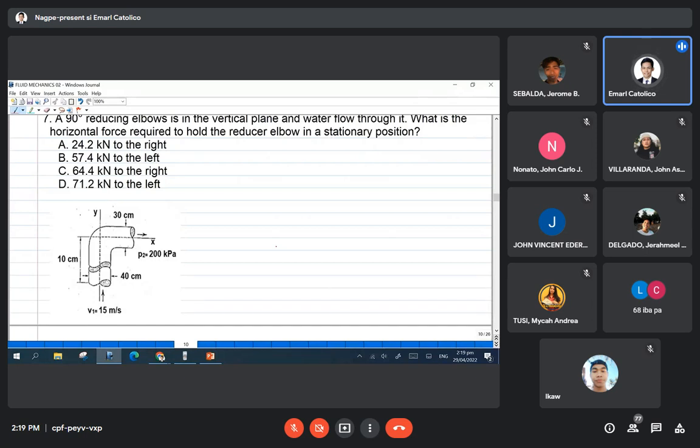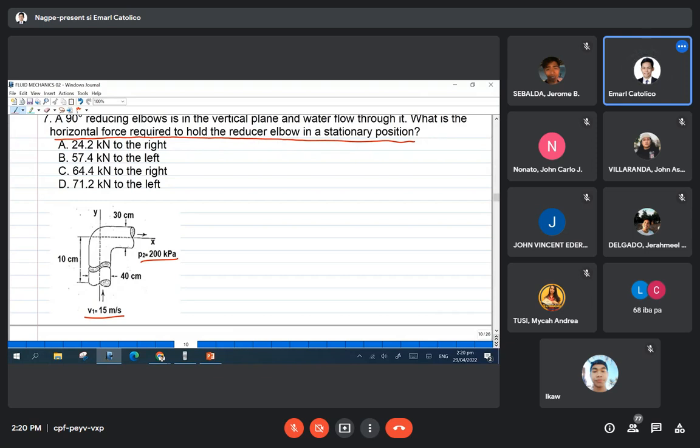Sa exit, meron tayong 30 cm diameter. Sa entrance, meron tayong 40 cm diameter. Then, exit pressure natin is 200 kilopascal. Velocity natin at inlet is 15 meters per second. Ang tinatanong dito is the horizontal force required to hold the reducer elbow in a stationary position.